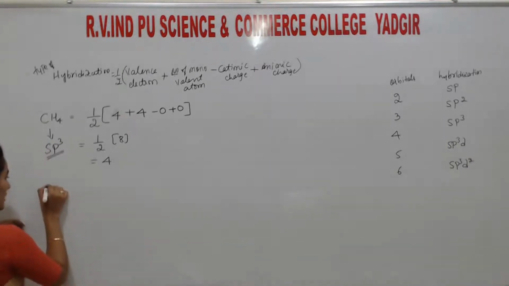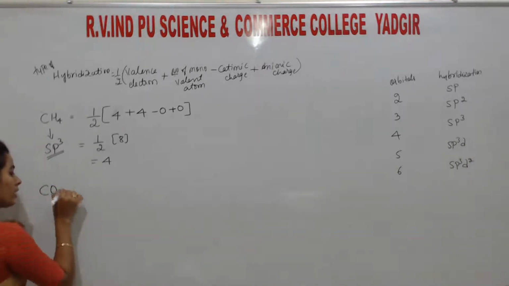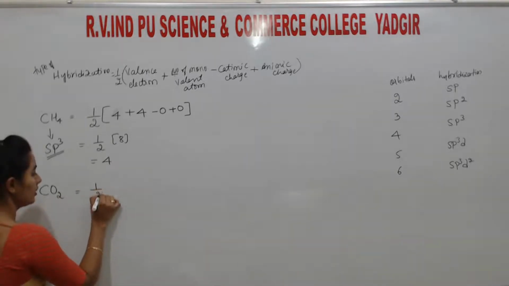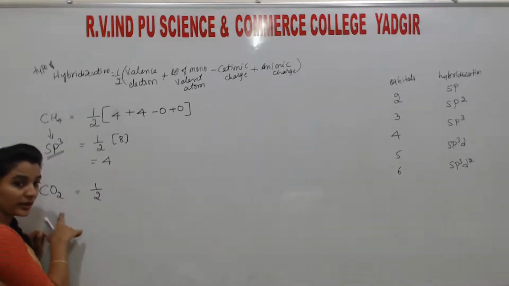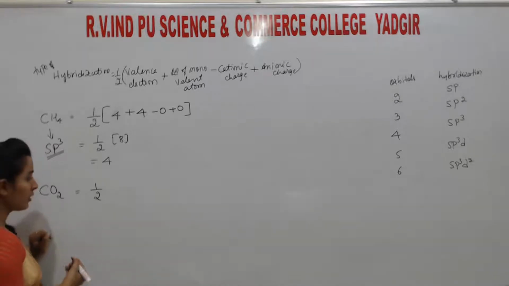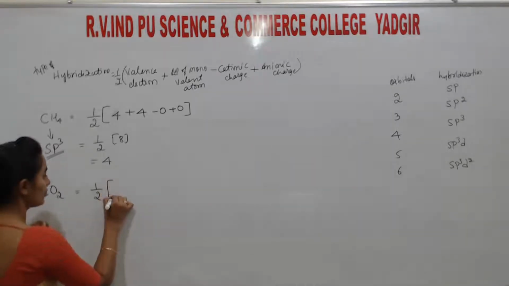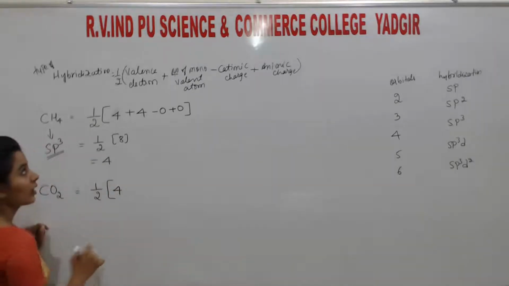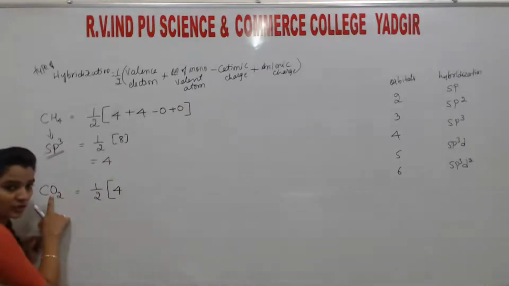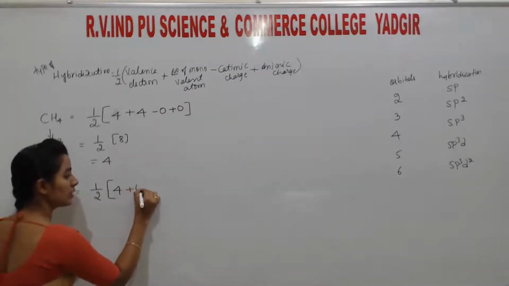Another one is the CO2 molecule. In the last class we already discussed which type of molecule these are and which type of hybridization they have. So half into the valence of carbon is 4, plus number of monovalent atoms. This oxygen is not monovalent, it is divalent, so plus 0.